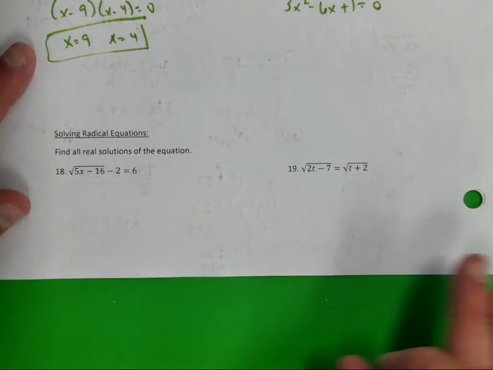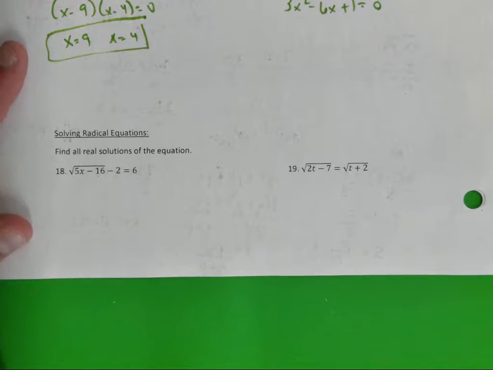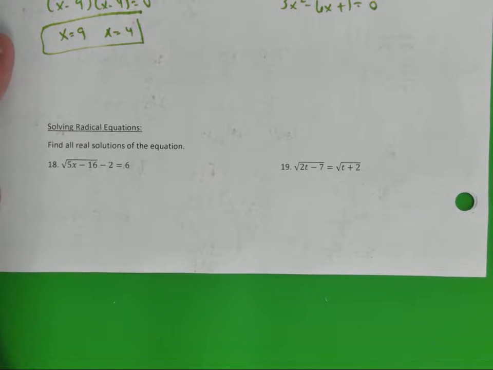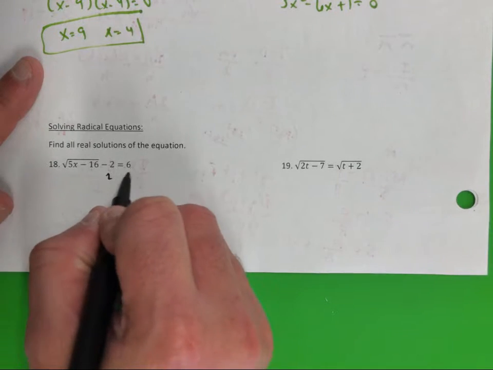We talked about on Friday how we knew that was a radical equation because it has a radical in it. The goal of solving radical equations is to get what, Jackson? To get the radical by itself. So first thing I'm going to move that 2 over.